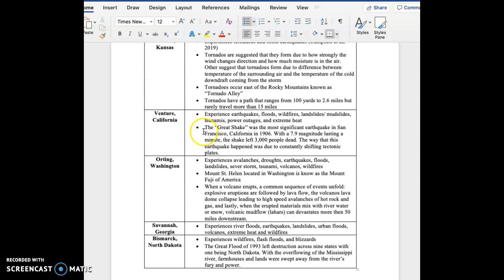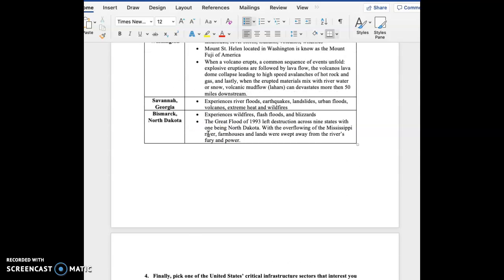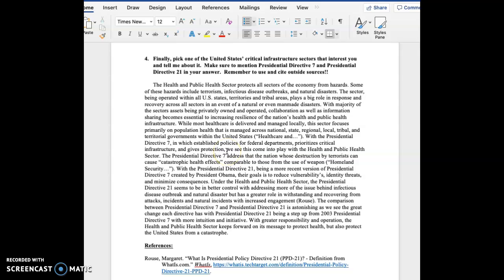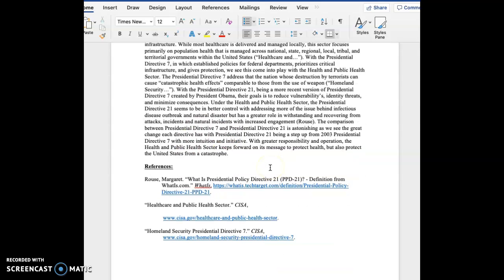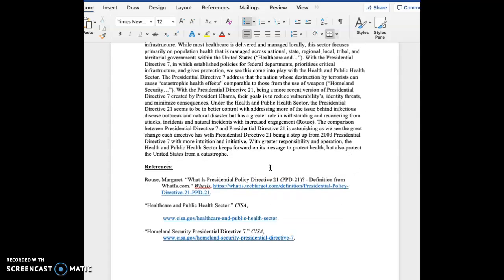I do spot checking when it comes to citations, and they're just needed in general in scholarly work. And then here, really good job. It has 3 citations, uses the presidential directive. I probably would have preferred a different source than a .com, but I allow for mishaps, or what I consider mishaps.